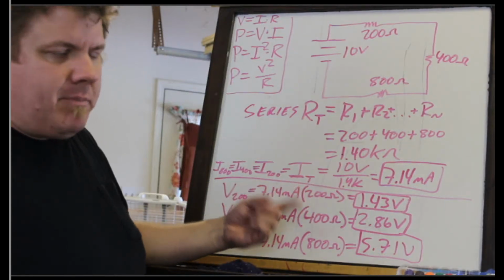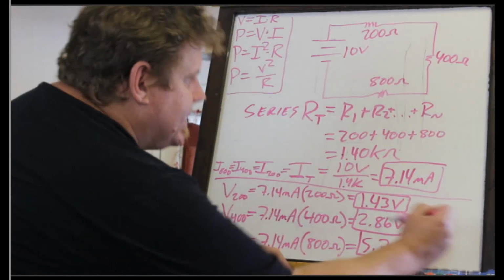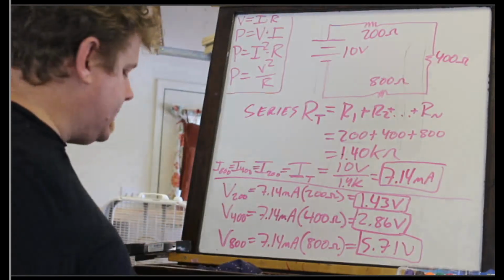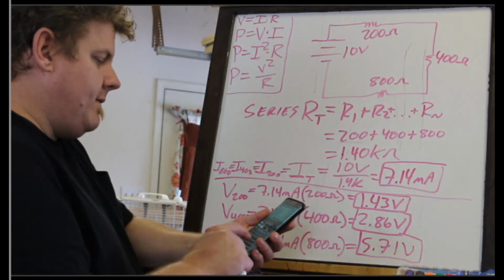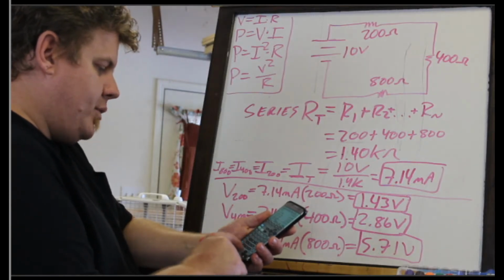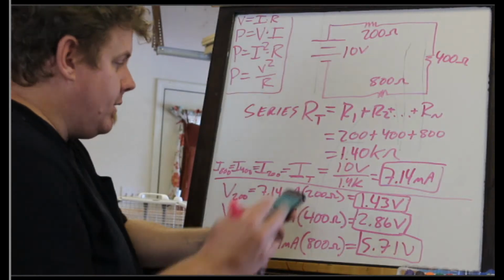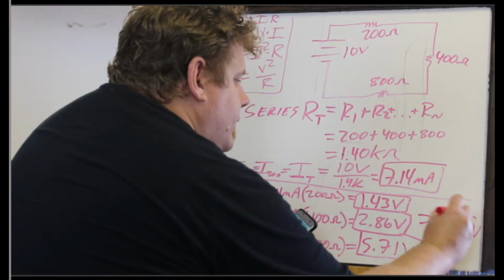That's my first check. My second check is, if I add this, plus this, do I get the total source voltage? So I'm going to do that now. So 1.43 volts plus 2.86 plus 5.71. And my calculator tells me exactly 10.0 volts. Okay?